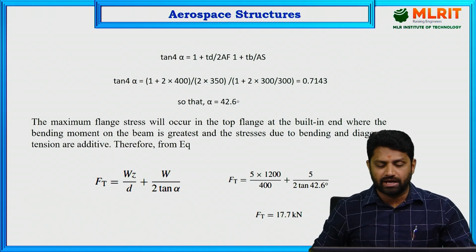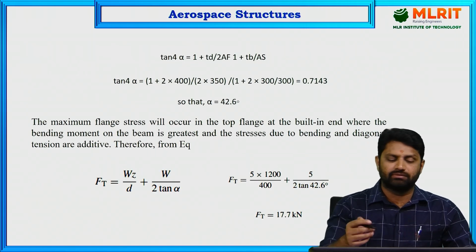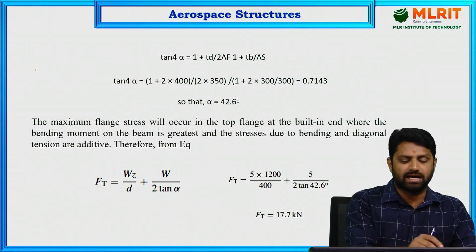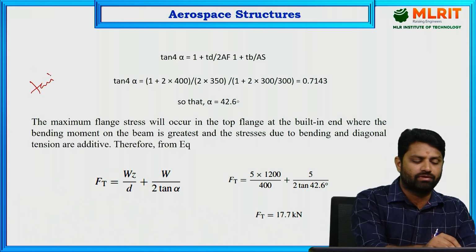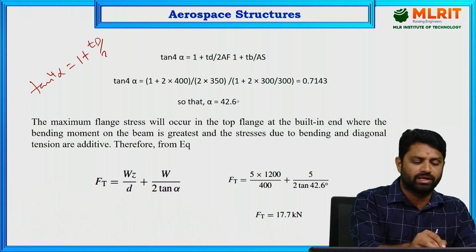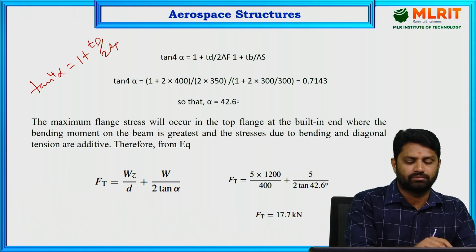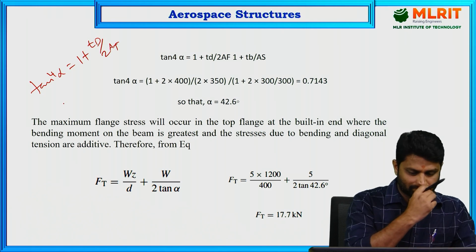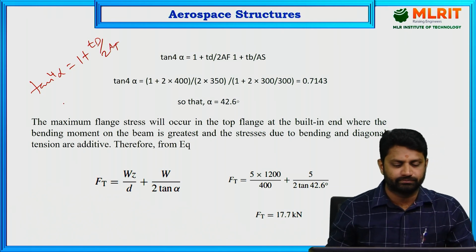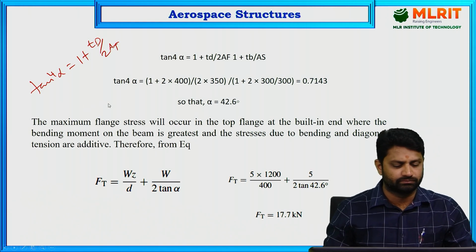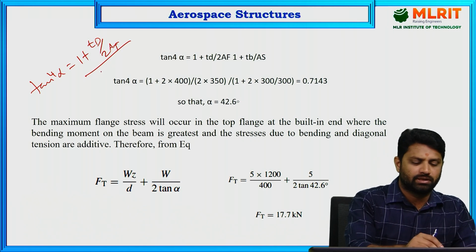So we have a formula that we've seen in this one, that is tan to the power of 4 alpha equals 1 plus TD by 2AF divided by 1 plus TB by AS.